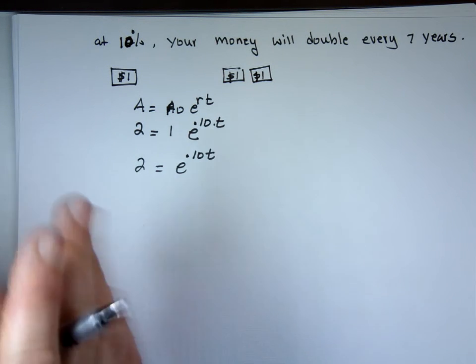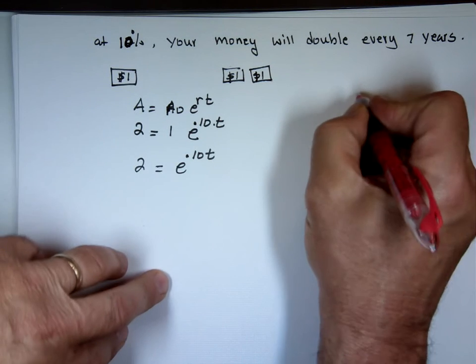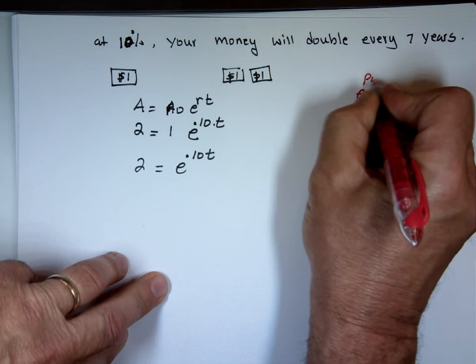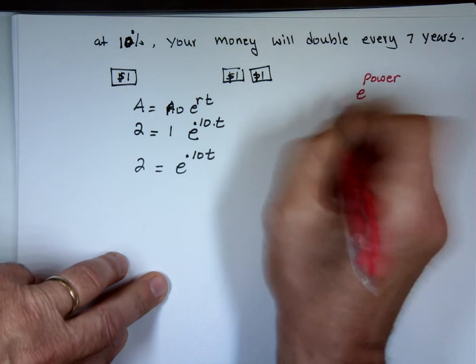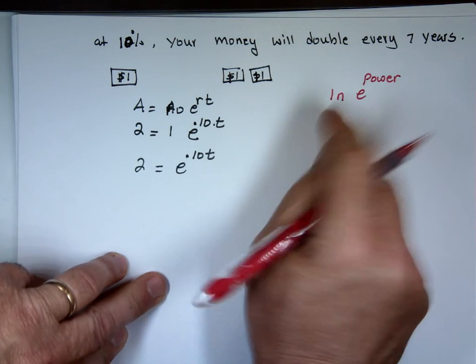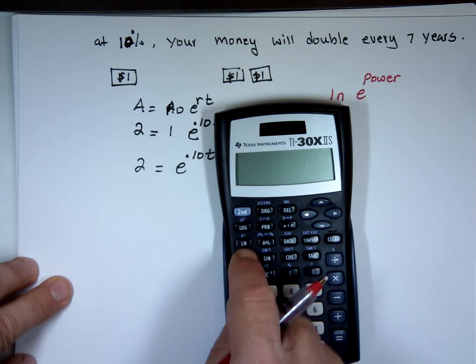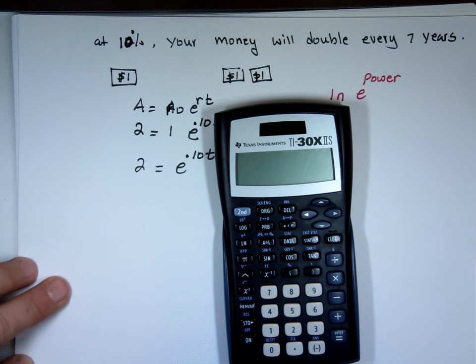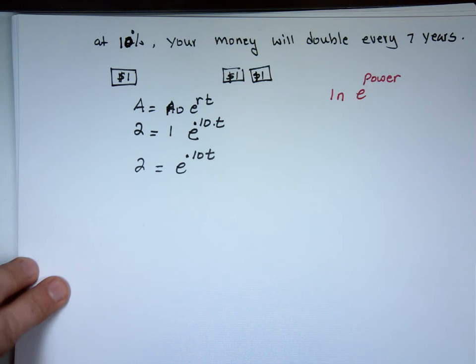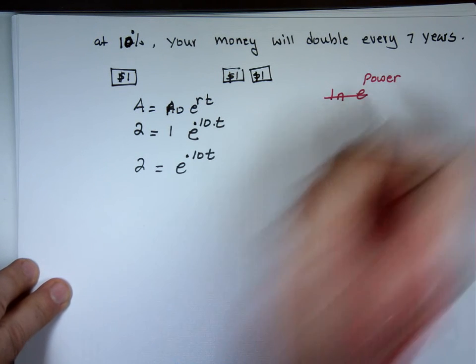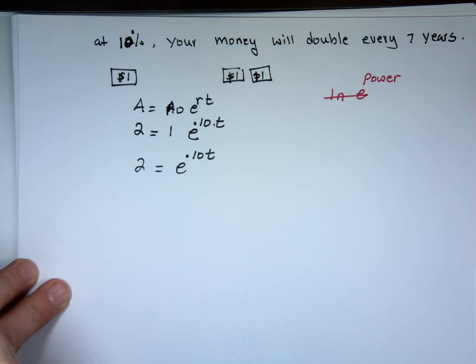If you have e to a power and you take the natural log of that, look at your calculators: e to the x is right over the natural log. What does that mean? They are the inverse of each other. And if you take the inverse of the function, they cancel each other out, so you're going to end up with the power.